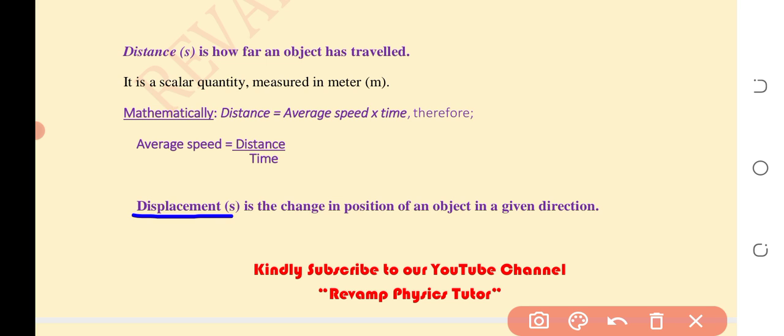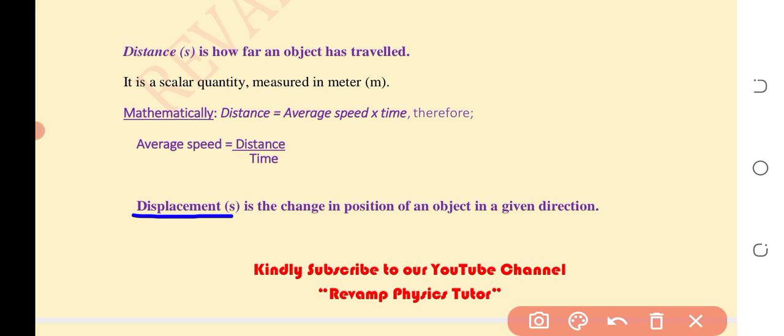So that makes displacement quite different from distance, because distance is how far an object has gone, and in the case of displacement, the path taken by the object to move from one position to another is not taken into consideration. The only thing taken into consideration is just the change in position.